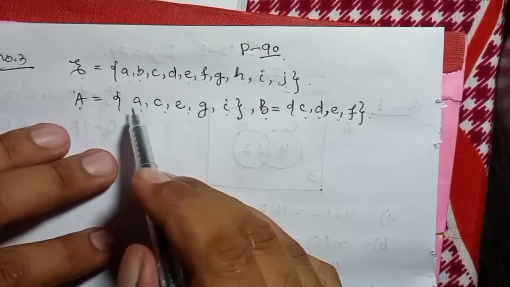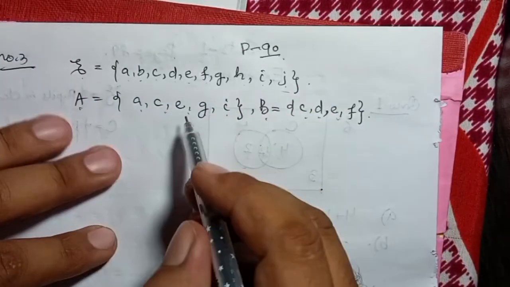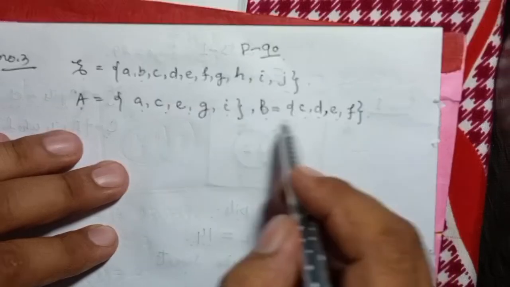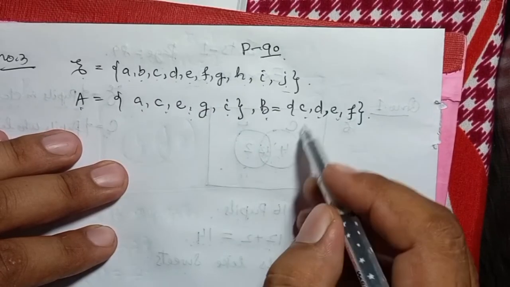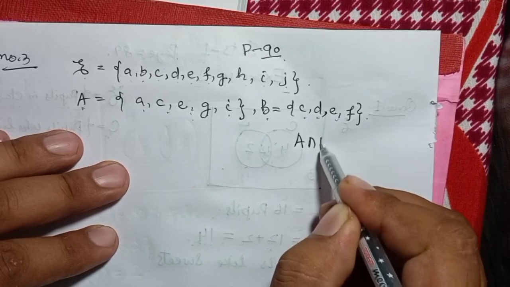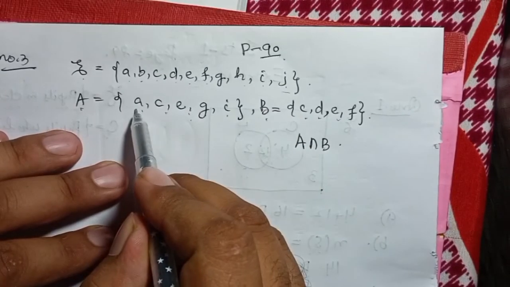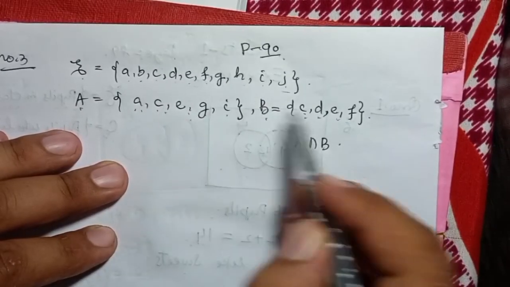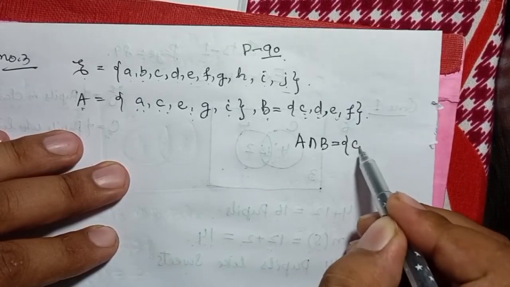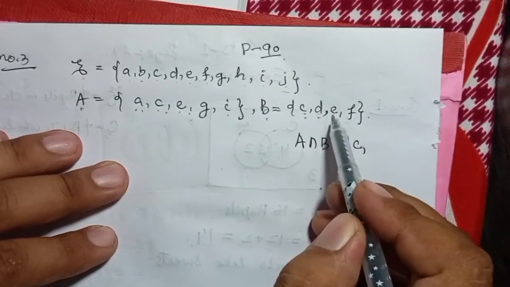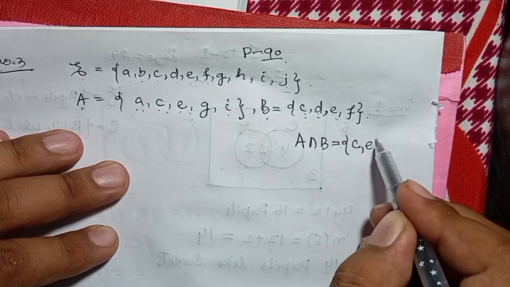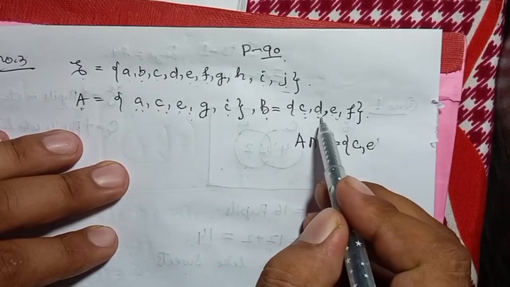First we will try to understand and write which elements are common in A and B. That is A intersection B. A is not there. C is here, so I can write C. Now E is also here, so I can write E. G is not there.